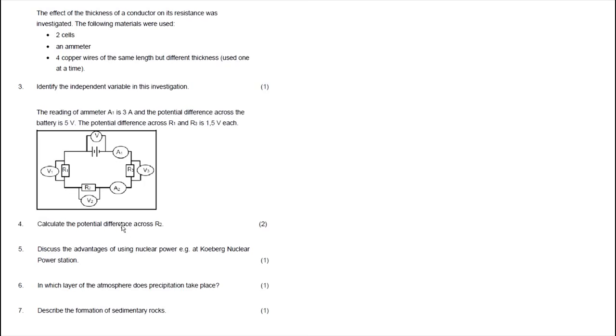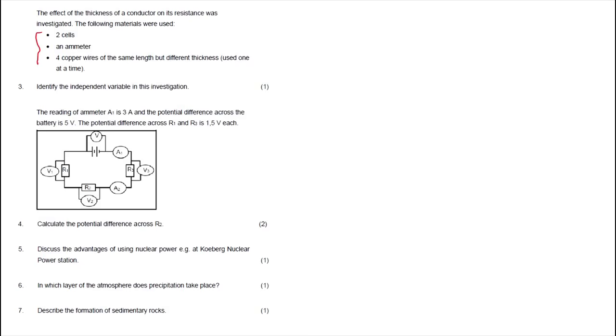Okay, and then next we'll move to our next question. So here we are told that the effect of the thickness of a conductor on its resistance was investigated, and we are told that the following materials were used: two cells, an ammeter, four copper wires of the same length but different thickness. Now we are told to identify the independent variable in the investigation.